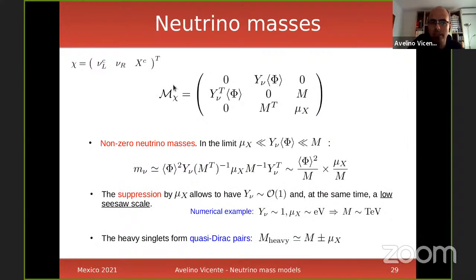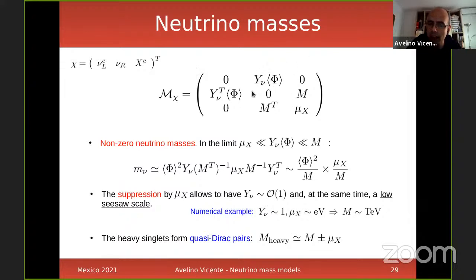So now I have this chi multiplet, which includes, as before, the left-handed neutrinos, the right-handed neutrinos, and now also this X. In this case, the mass matrix is bigger because we have 3 types of fermions, and it looks like this.